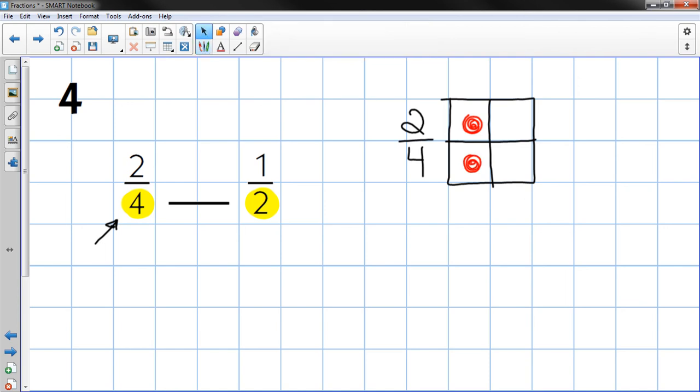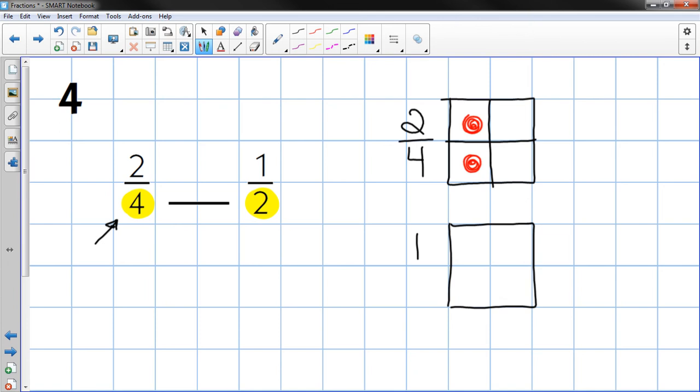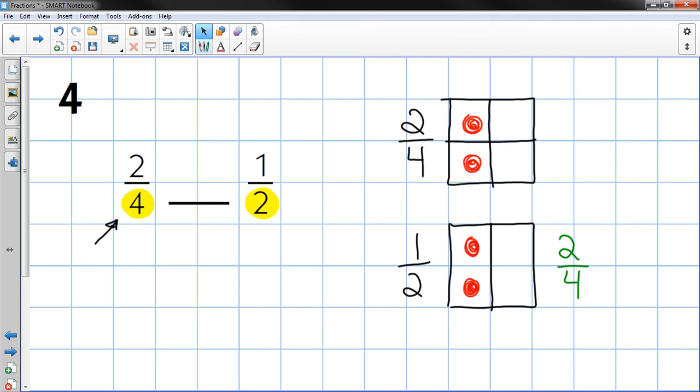I'm going to build another rectangle, same size. And this one's going to be half. So I'm going to cut that in half and shade 1 of the 2, because that's what half means. So 1/2 is the same as 2/4. Well, I think I just answered my own question. They're exactly the same. They're equal to each other. So, equal sign.